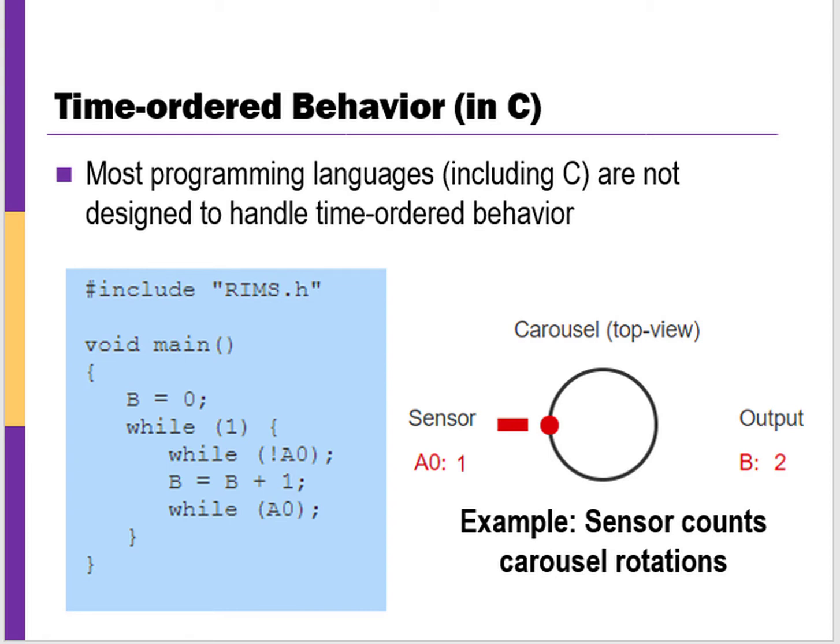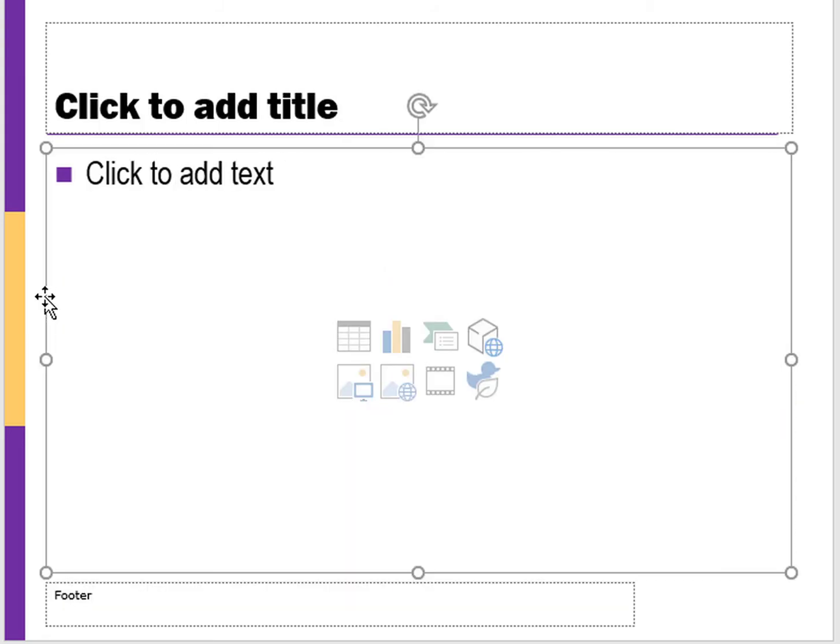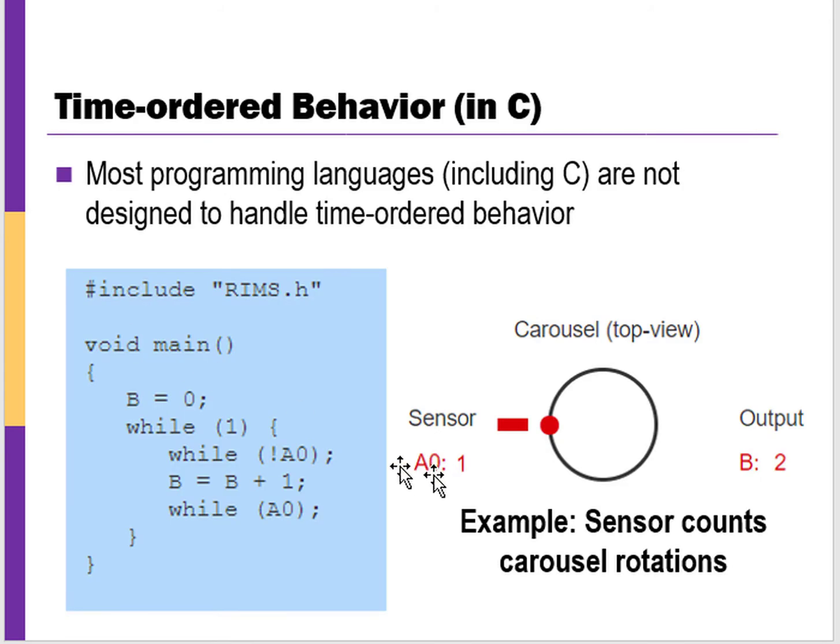Let's take a moment to think about what this looks like in terms of a waveform diagram. Let's recap here. We have our input A0, and most of the time A0 is going to stay flat.